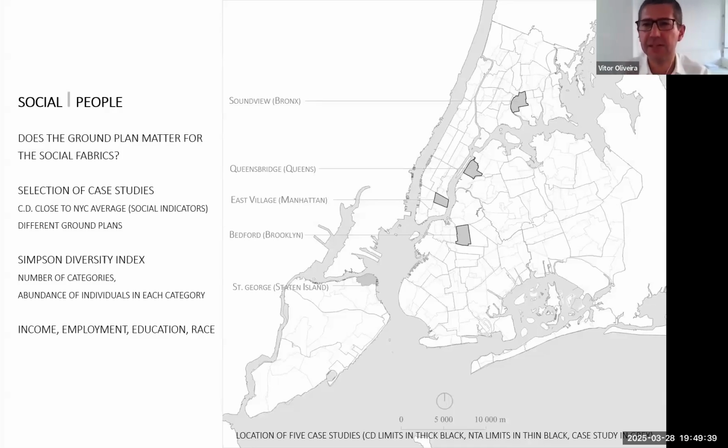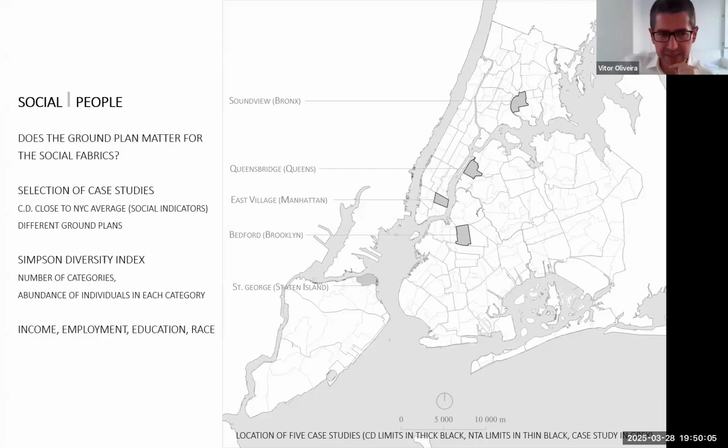We selected a number of case studies to have detailed analysis. I mentioned in the beginning the expression neighborhood tabulation area. This is what these five cases are. It's one per each borough.